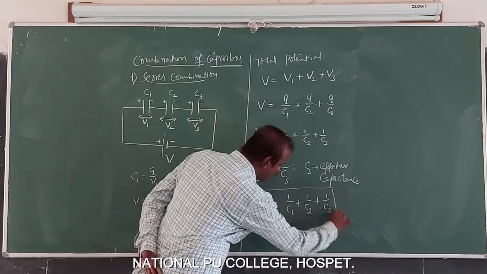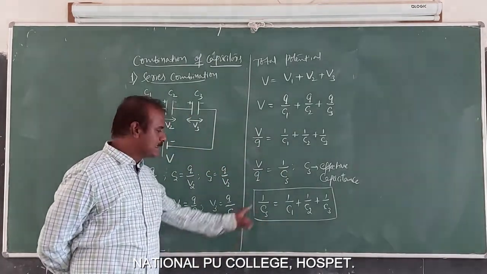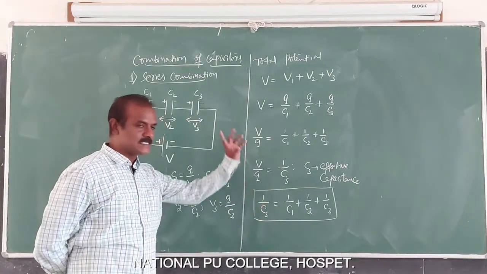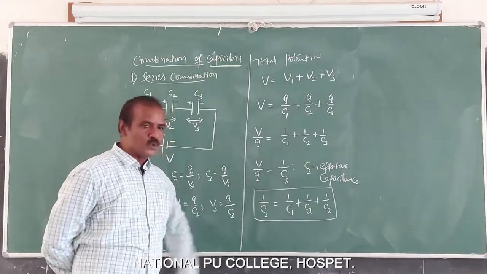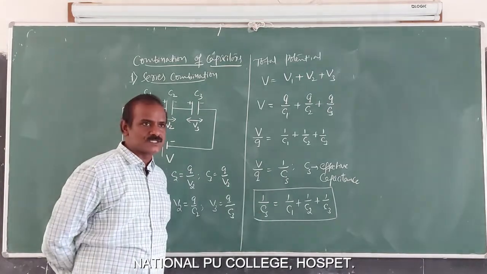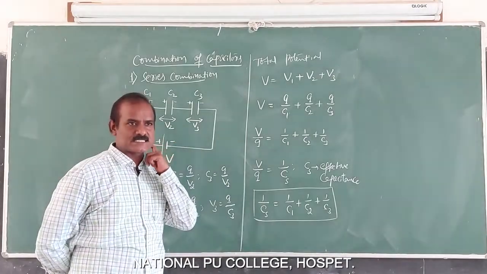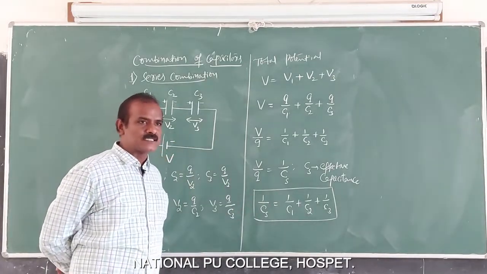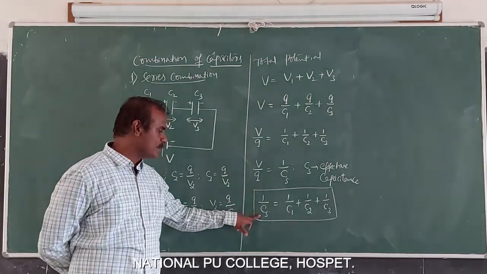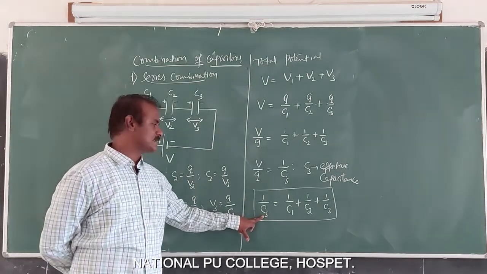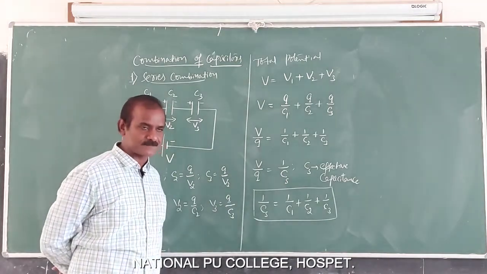This is the formula for effective capacitance. Look at students, the reciprocal of effective capacitance of series combination, hence the suffix S is used, is equal to the sum of the reciprocals of individual capacitances.